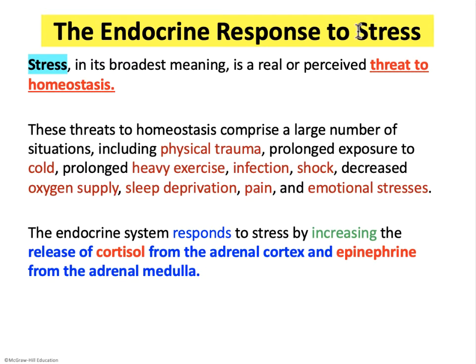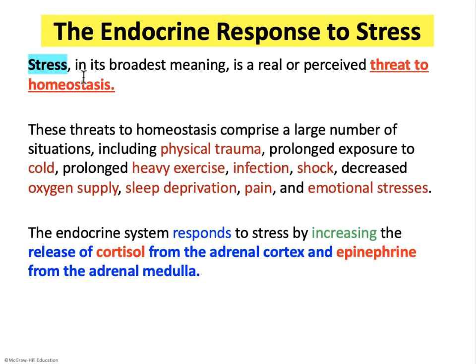Stress is interpreted by different people to be different things. Physiologists have their own perspectives too, but in the broadest sense, it's considered by many to be interpreted in this fashion: a perceived threat to homeostasis.